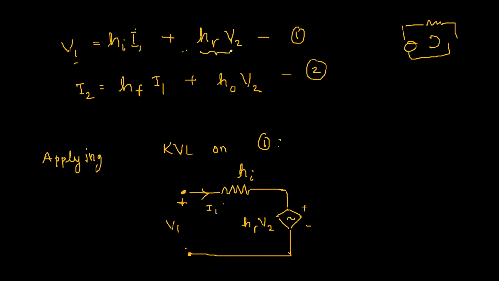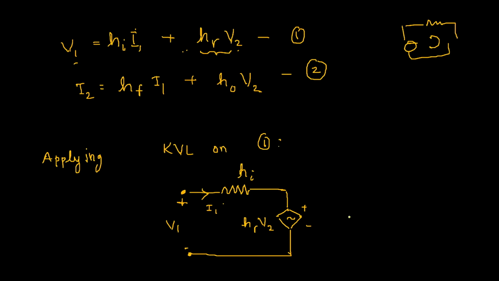The third potential difference depends on a completely different potential source, V2. When we have a voltage which is dependent on some other voltage, we can use a dependent source. So this is a voltage dependent voltage source, which we signify by HR into V2. With this, one side of the two-port network is done.